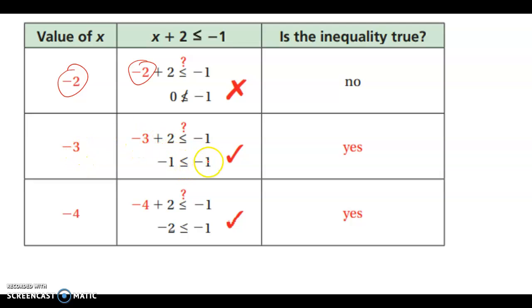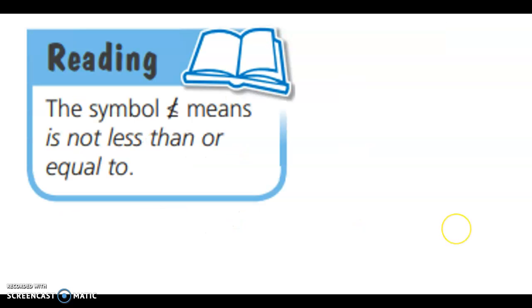Less than or equal to negative 1? Yeah, it's equal to, so it's a yes. Plug in negative 4, negative 2 is less than or equal to negative 1, so that's a yes. You want to see if that solution is going to work. And the little line through the less than or equal to means it is not less than or equal to.